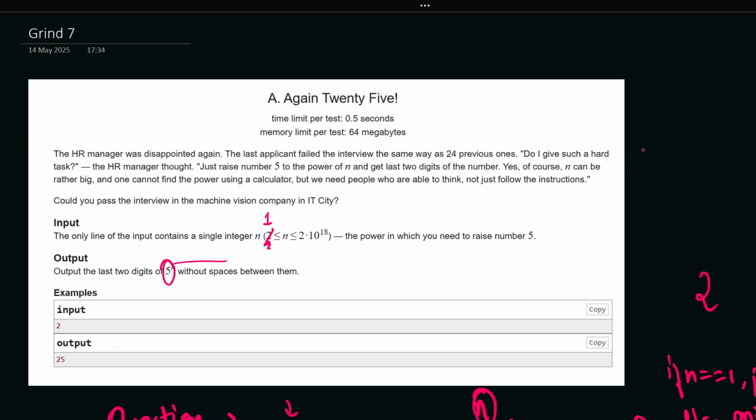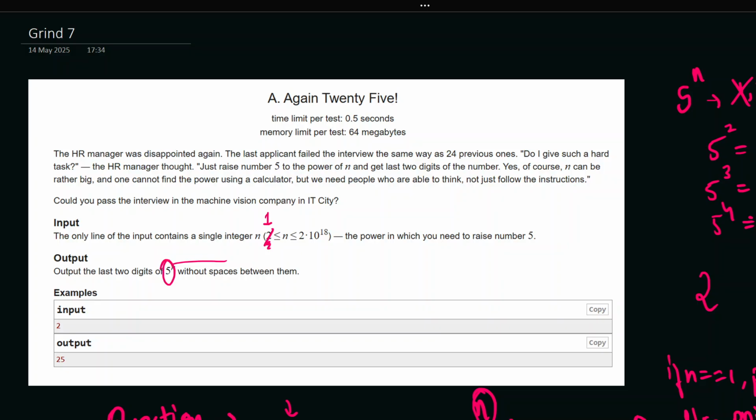Because see, with the observation, 5 to the power n, if n is 1, 2, 3, 4, what would it be? 5, not 1. Okay, 5 to the power 2 is 25. 5 to the power 3 is how much? 125. 5 to the power 4 is nothing but 625, and so on.